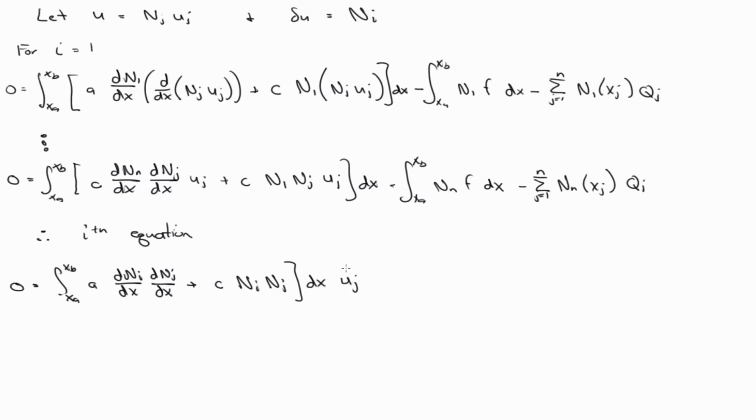now I've pulled the unknown coefficient u_j out here, right? Just a constant, so I can pull it outside the integral.